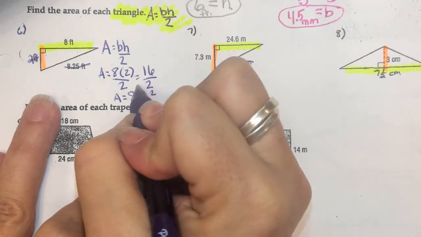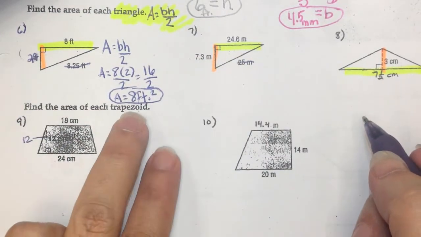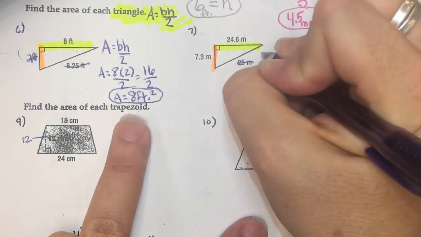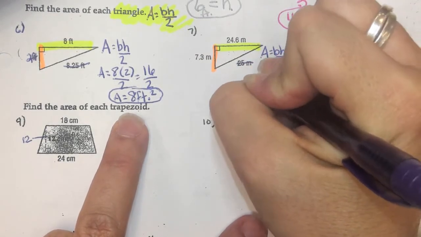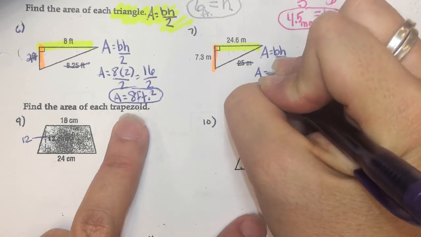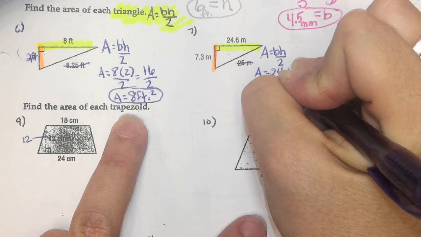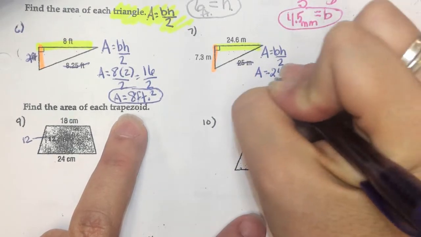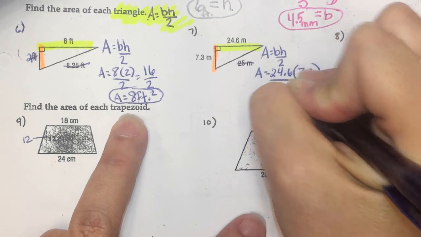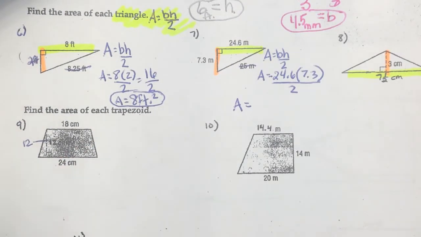Okay, so number 6, I got 8 feet squared. Number 7, okay.